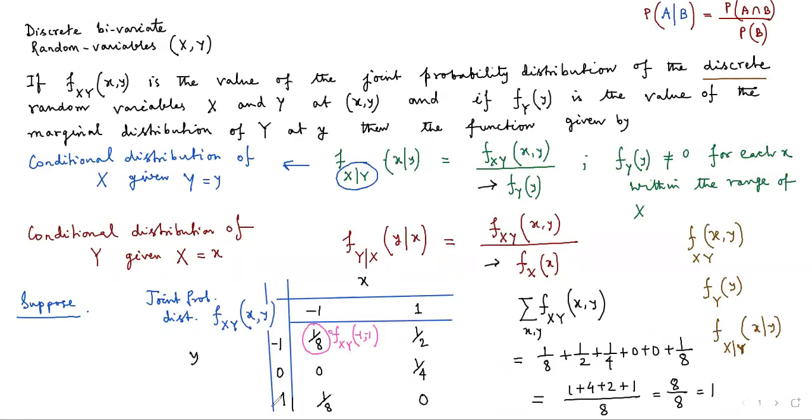Now it could have been better if I would have drawn this joint probability function in this page, because I need some space below the table, but the space was not there in the previous page. Here I need some space to write something, so I'm rewriting quickly the chart once again so that I can do the calculation.